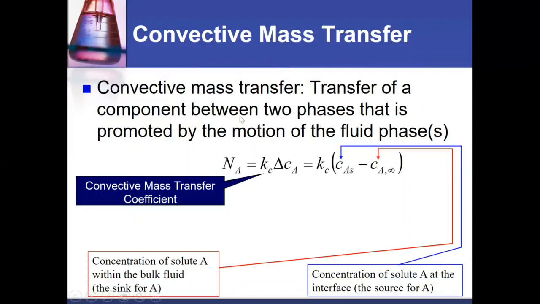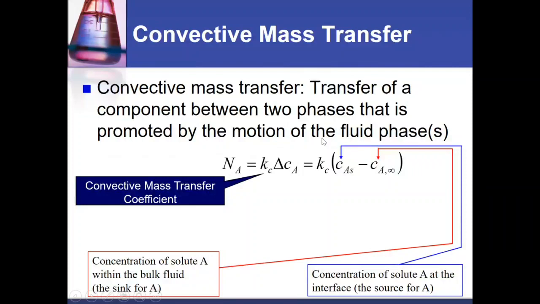And when we say two phases, we mean, for example, between gas and liquid, or liquid and solid, or gas and solid, or maybe two liquids that are immiscible, so they don't mix. So it is a transfer between two phases that is promoted by what? By motion of the fluid phase.